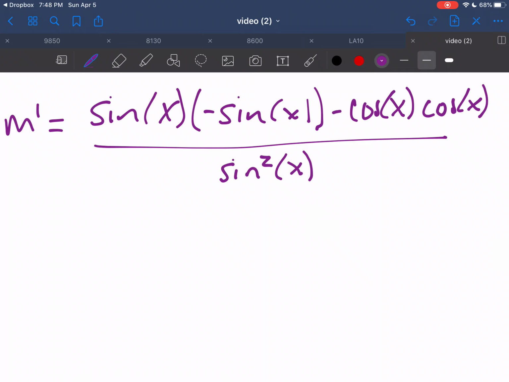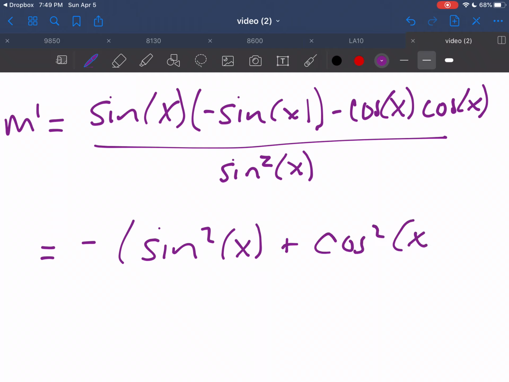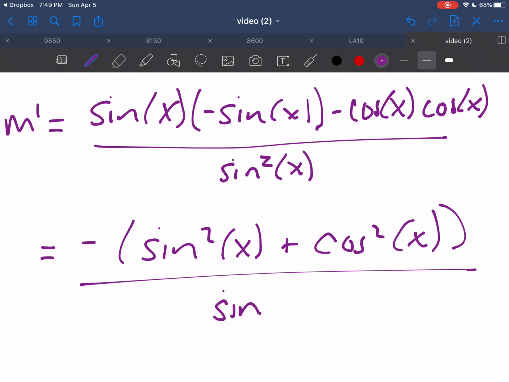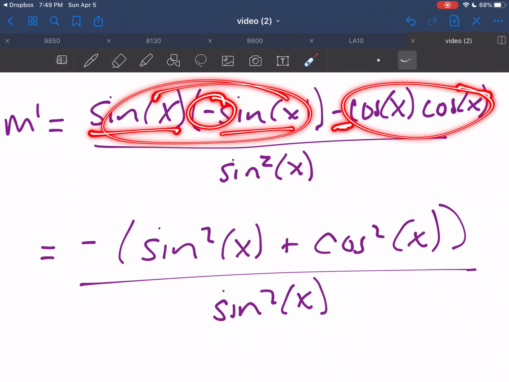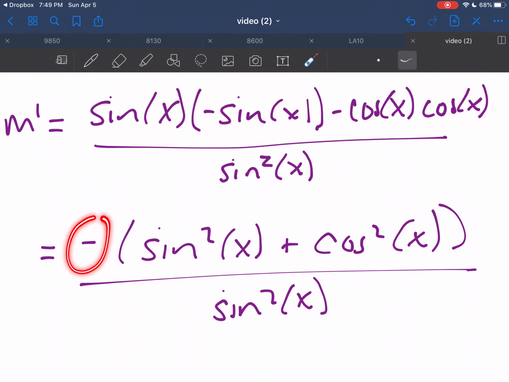Alright, and so we can rewrite that as negative sine squared x plus cosine squared x over sine squared x. Because this times this is negative, that term would be negative, and this term is negative, so we can factor that negative out.